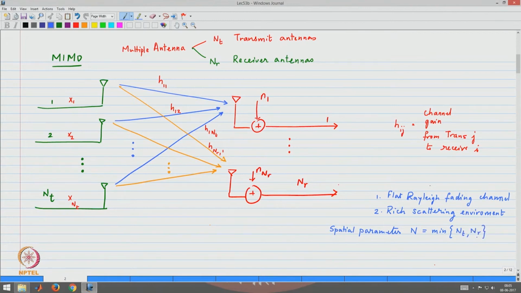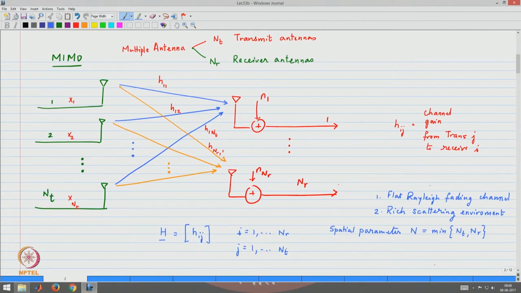That is an important indication, because how much benefit we can achieve from such a system in essence depends on the minimum between the transmit and receive antennas. And of course, we write this as a channel matrix, which consists of these elements Hij, i going from 1 to Nr, j going from 1 to Nt.